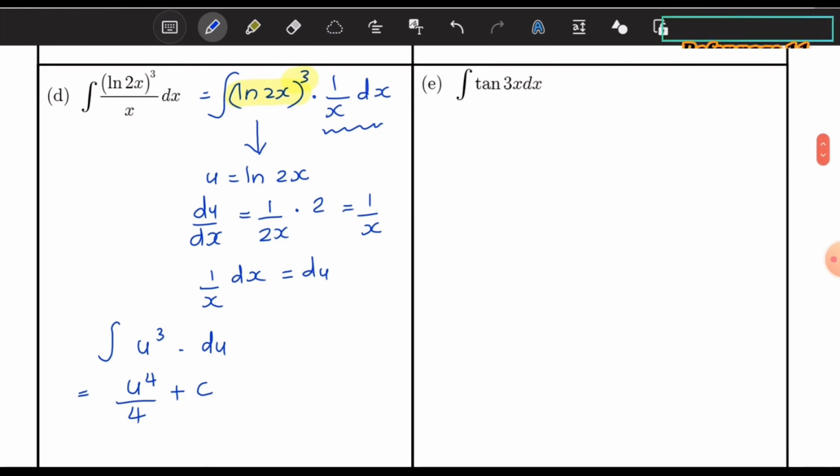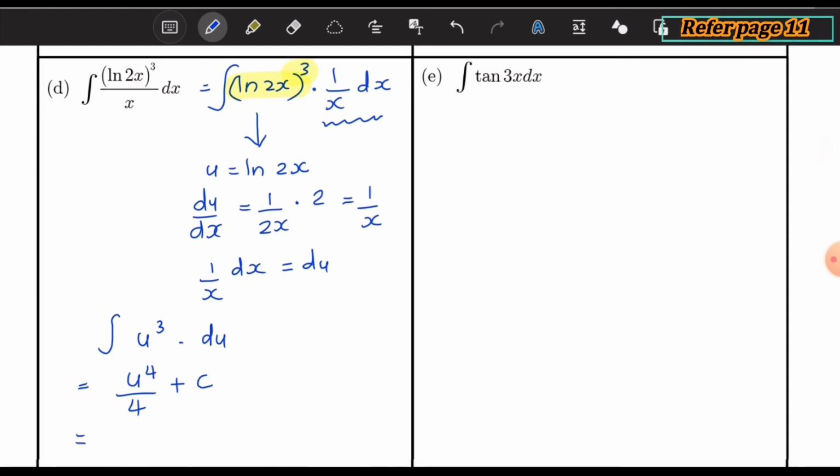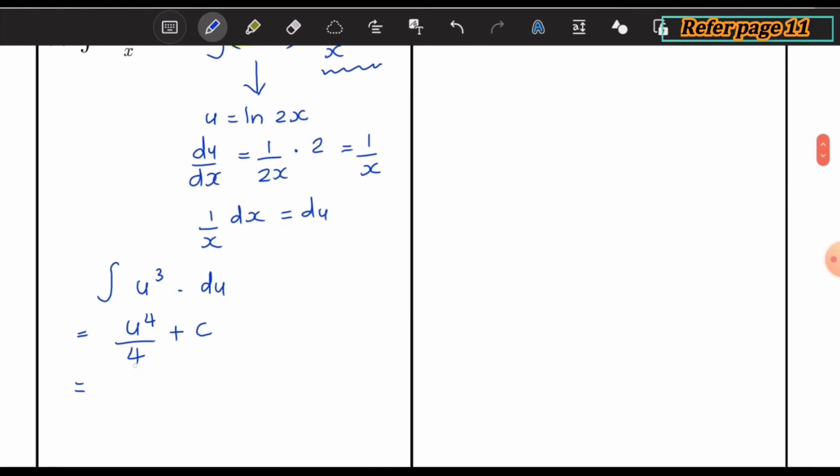And as final step, we substitute the answer in terms of x. Ln 2x power of 4 over 4 plus c.